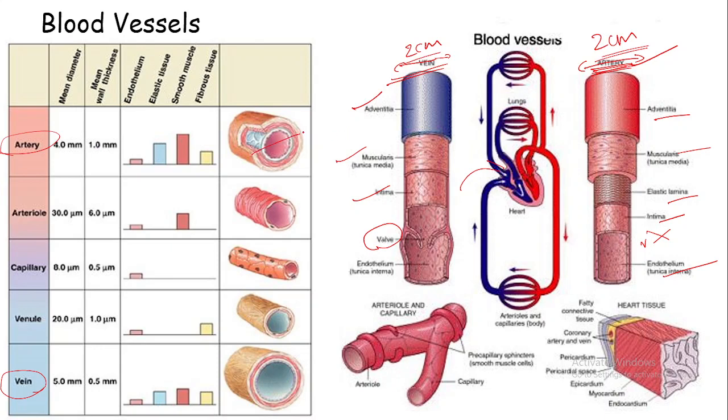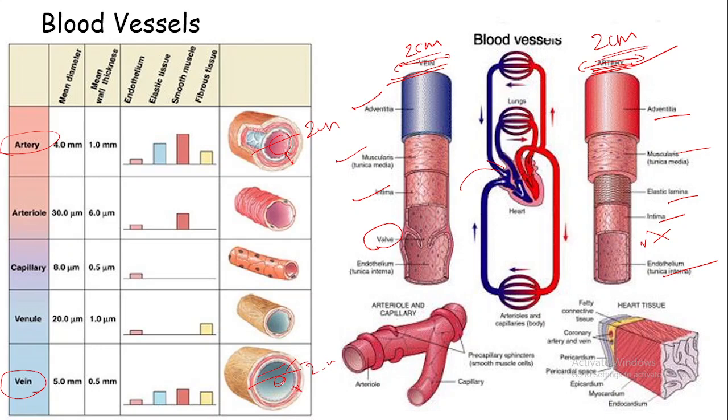If this diameter is 2 centimeters and this diameter is also 2 centimeters, the difference is with respect to the wall and the lumen. The lumen in case of an artery is narrow but the wall is thick. The lumen in case of a vein is wide and the wall is narrow.